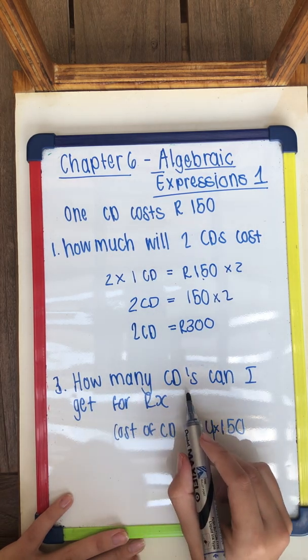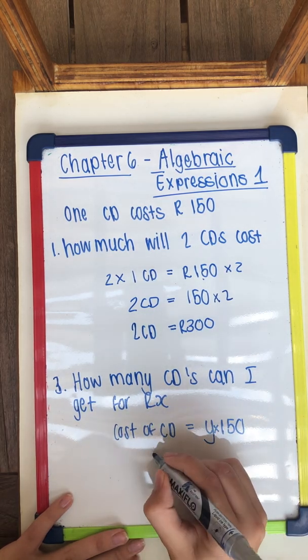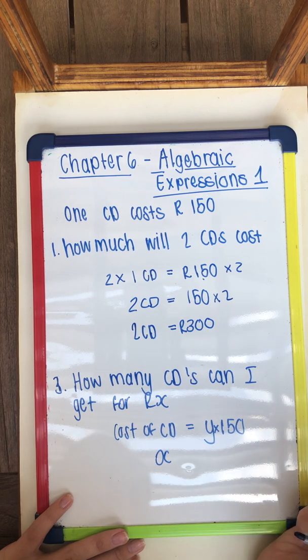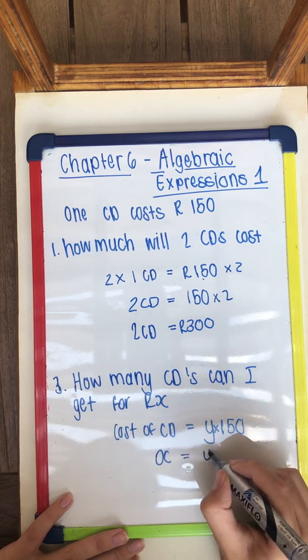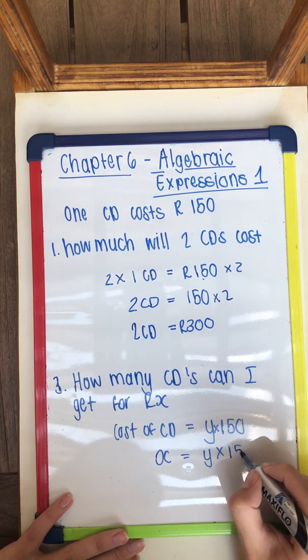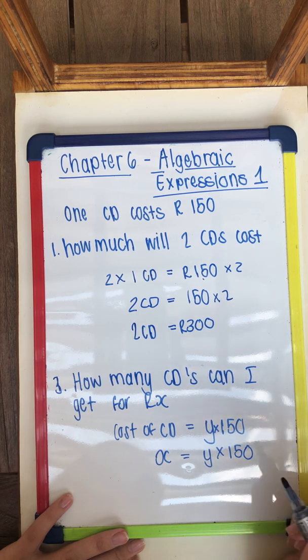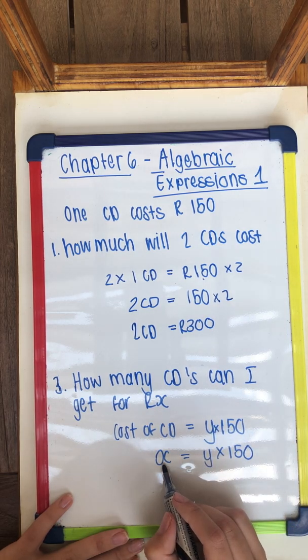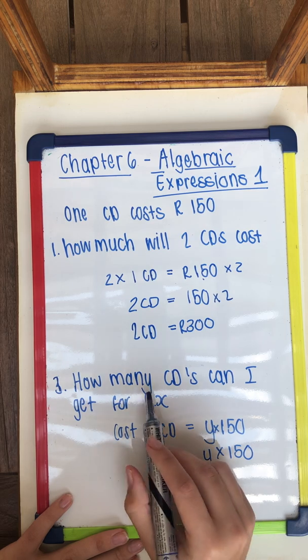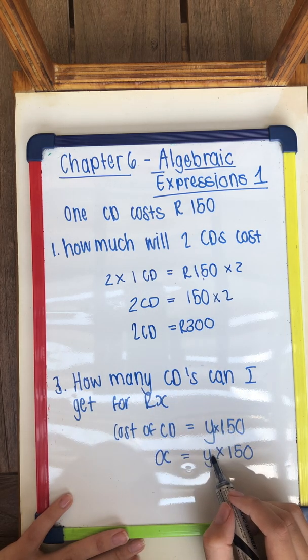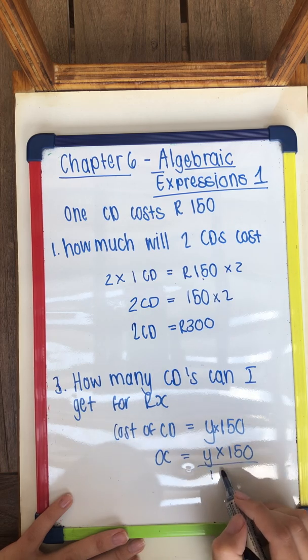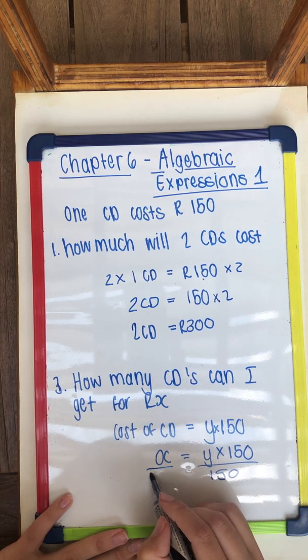Now they're saying if my amount is X, how many CDs will I get for 150? So now I need to get how many CDs, so I'm looking for y, so I need to get y by itself. So I've times it by 150, so I divide by 150.